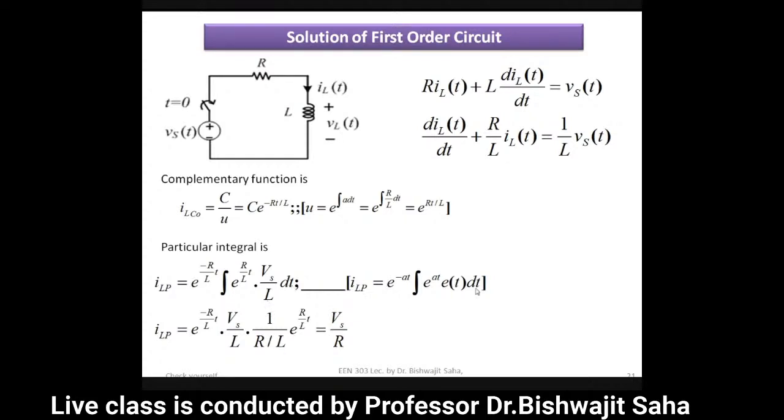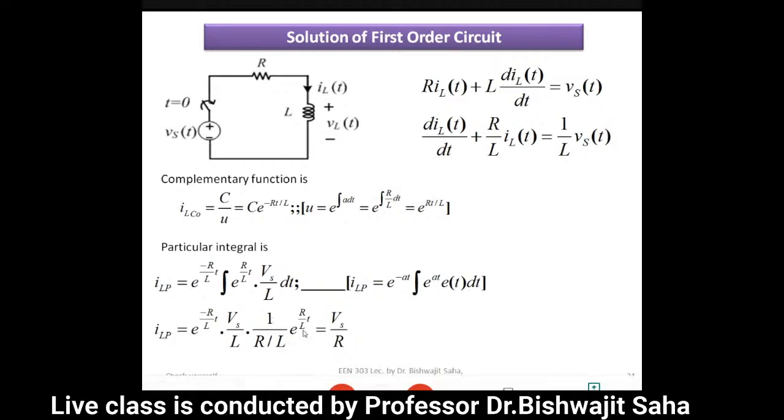That is a side note. You can look at the equation. After rearranging, e to the power minus R by L t multiplied by Vs by L becomes a constant. Then e to the power R by L t should be integrated, so we have found 1 divided by R by L e to the power R by L t.